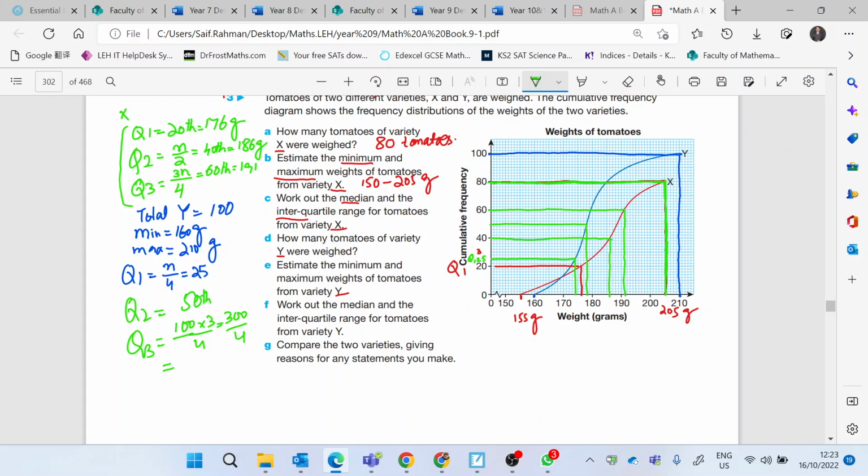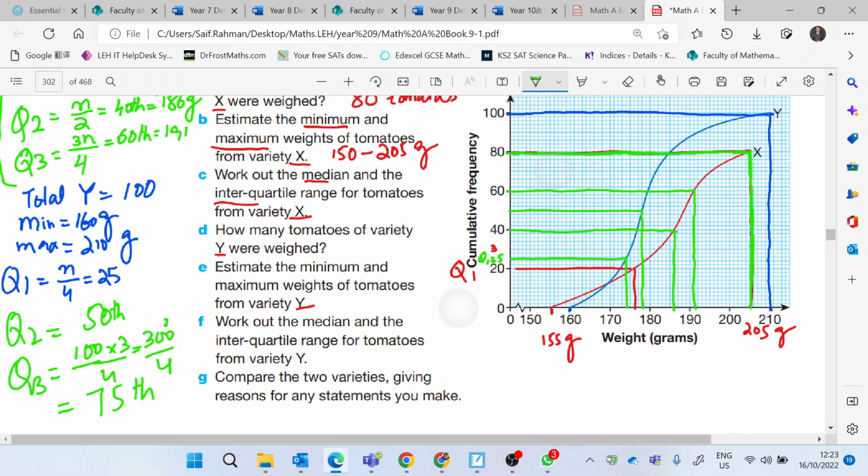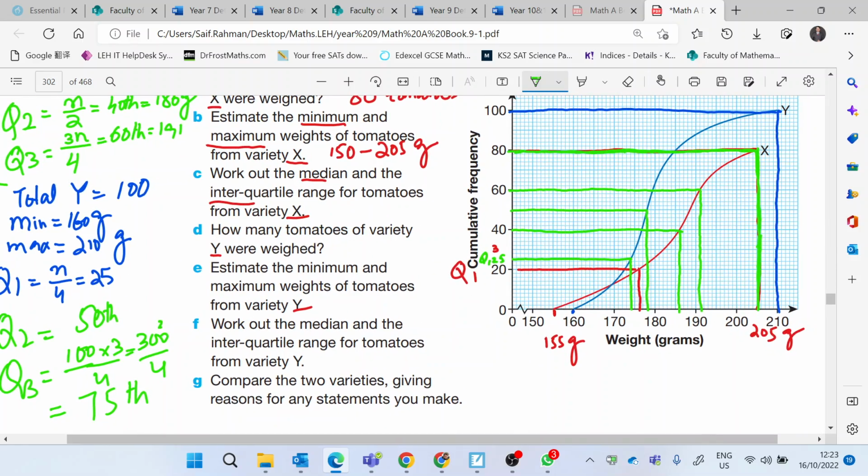Okay, and 4 7s are 28, and 2 is carried here, 75th value. So Q3 will be 70 and a half.